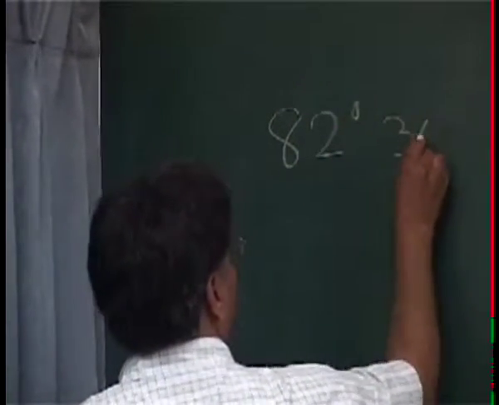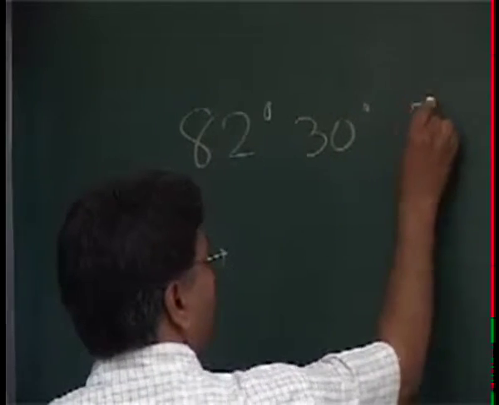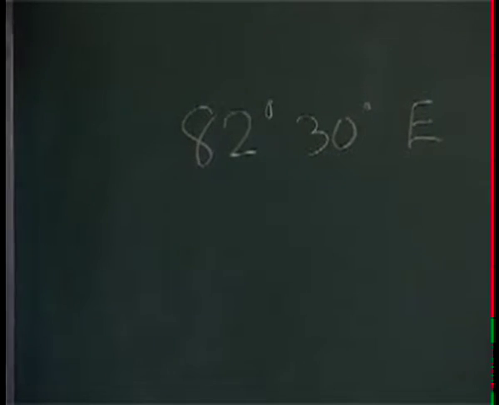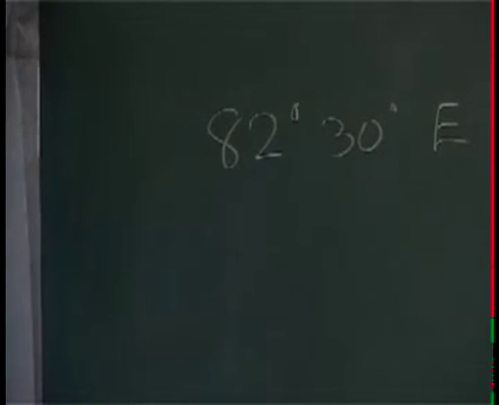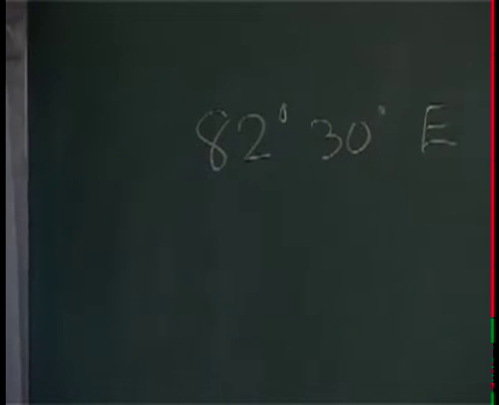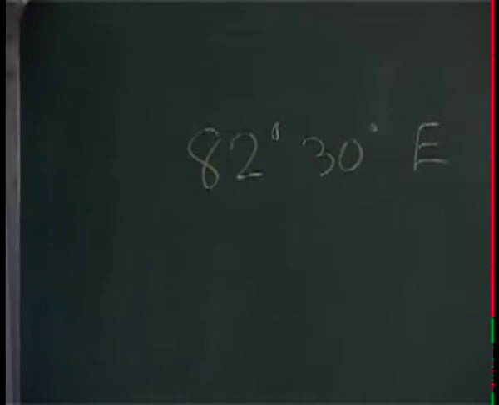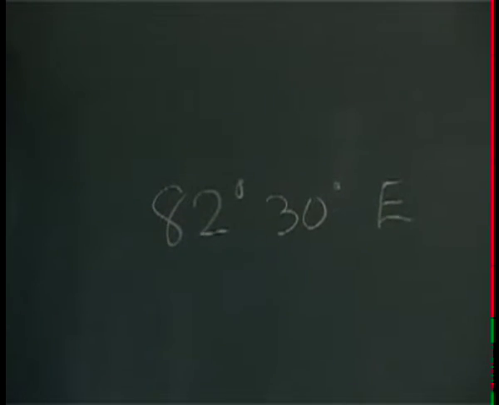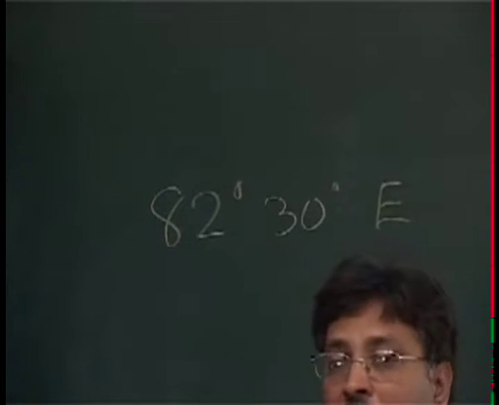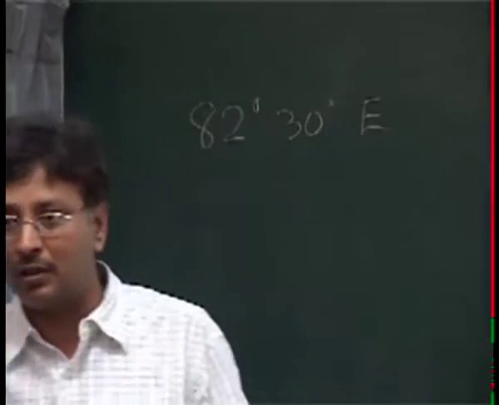Here you go: 82 degrees 30 minutes east, that is the reference meridian I have, and internationally the time is measured through Greenwich Mean Time. For example, for friends from France, their reference meridian will be the meridian passing through Greenwich. But this is the reference meridian, when the sun is right on top at this place, all over India this is 12 o'clock.